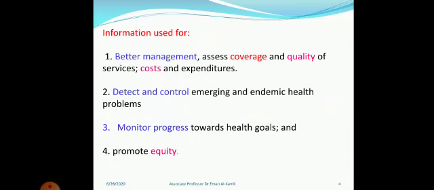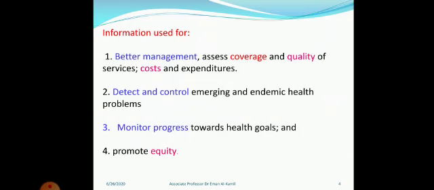While in the developed countries, they are more likely to be concerned about the non-communicable health problems because of the increase in the rate of these non-communicable diseases. So it is important to monitor the progress in health goals, and as we mentioned, there is variation in goals according to the health status of the population.